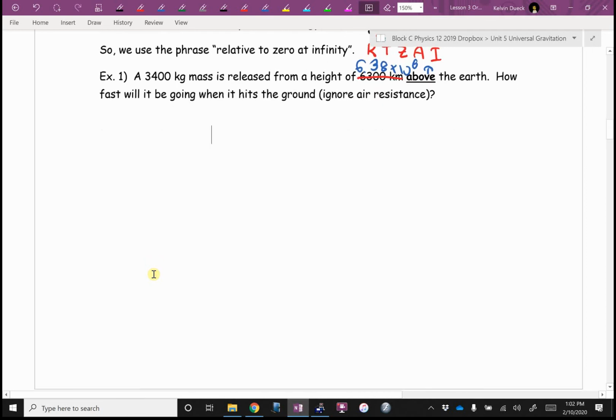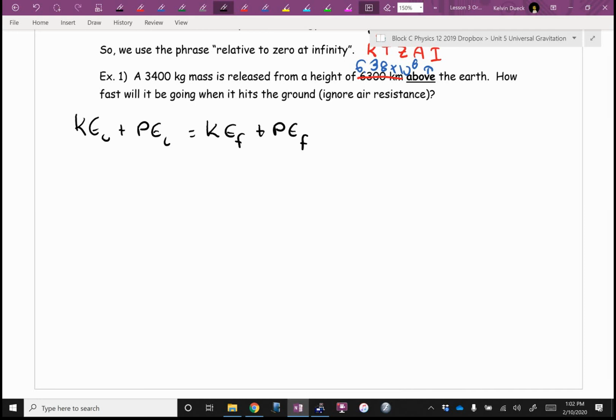So I'm going to start out same old by going KE initial plus PE initial equals KE final plus PE final. Normally here I would say, are any of these zero? But I'm going to pause for a second. First, we're going to substitute in all of our equations because this is pretty complicated.